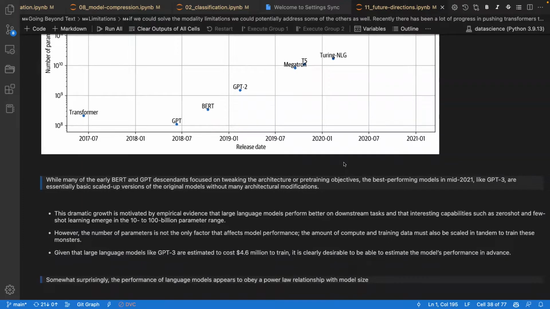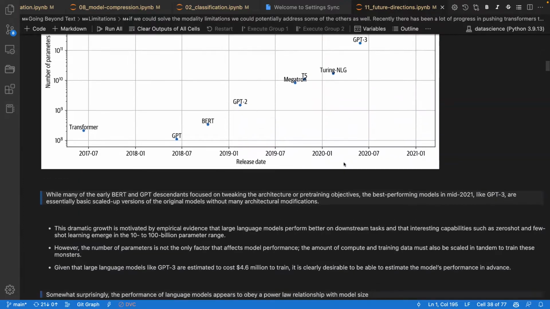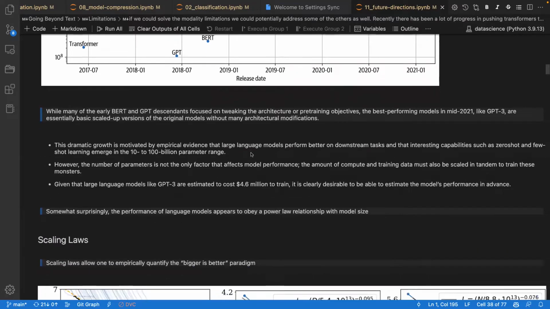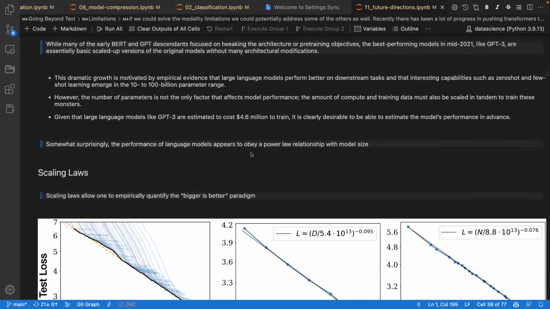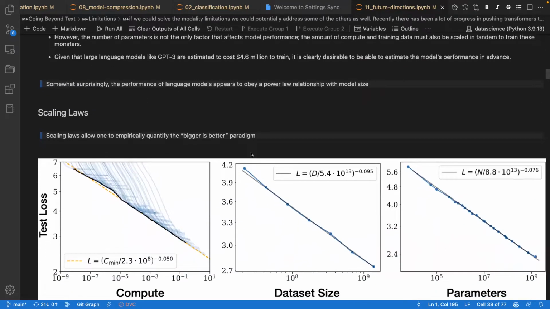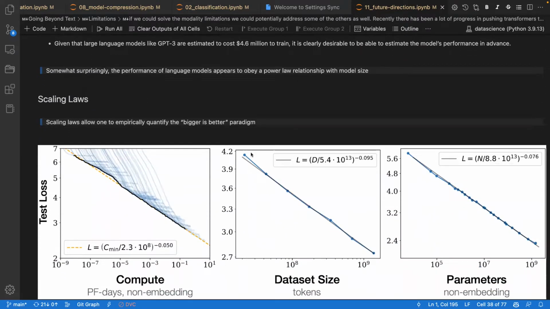But they ask whether this scaling up obeys a power law relationship with the model size. Does it mean that when we have a bigger model, it is more capable of doing human-like stuff? This is what they discuss here. And they talk about scaling laws, which allow us to say empirically that bigger is better.